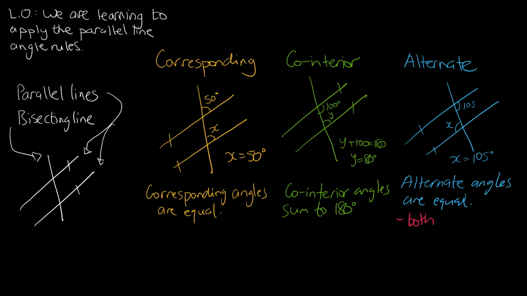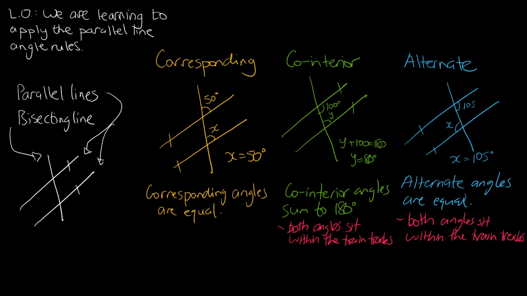So both angles sit within the train tracks. And the same for the co-interior. So both angles sit within the train tracks.